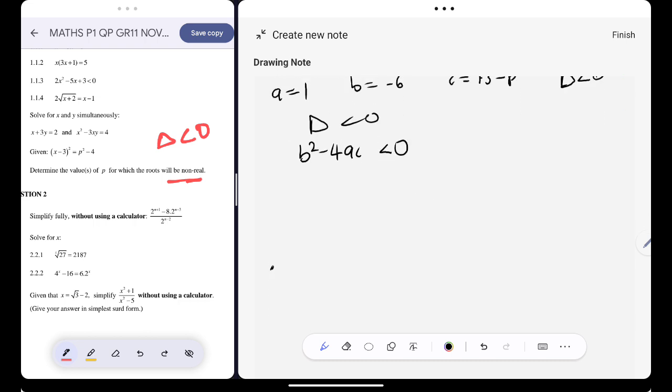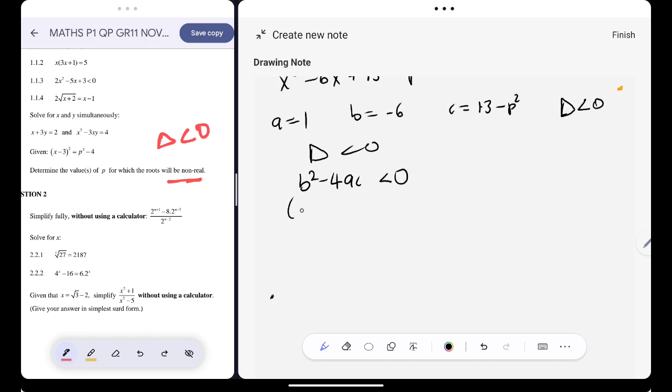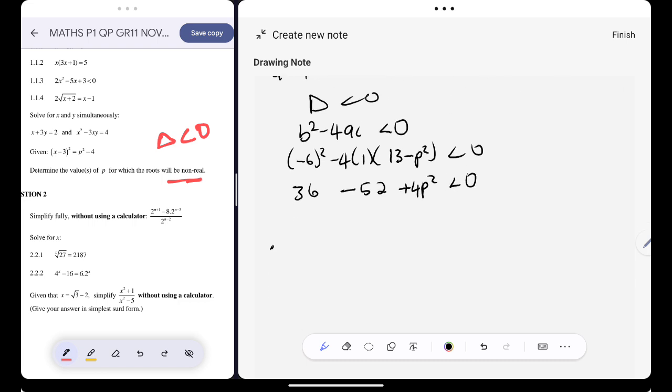Okay, b, a, c, I just need to substitute. The value of b is negative 6, a is 1, and then c is 13 minus p squared, less than 0. I have 36 minus 52 plus 4p squared, this thing is less than 0. So I have 4p squared minus 16 is equal to 0.